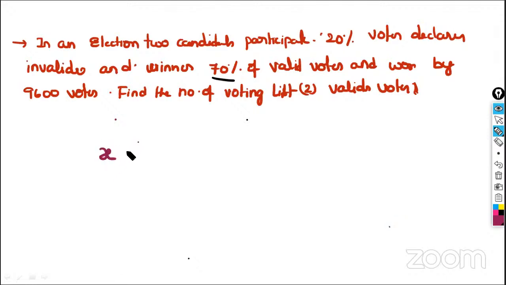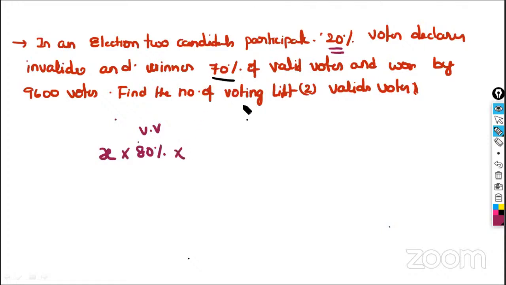I don't know X. Here 20% is invalid. That means valid votes how much? 80%. This is valid votes.